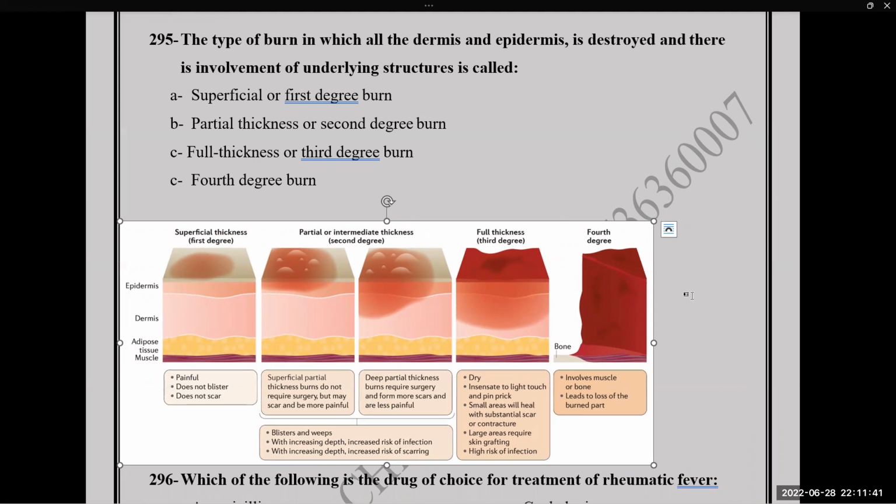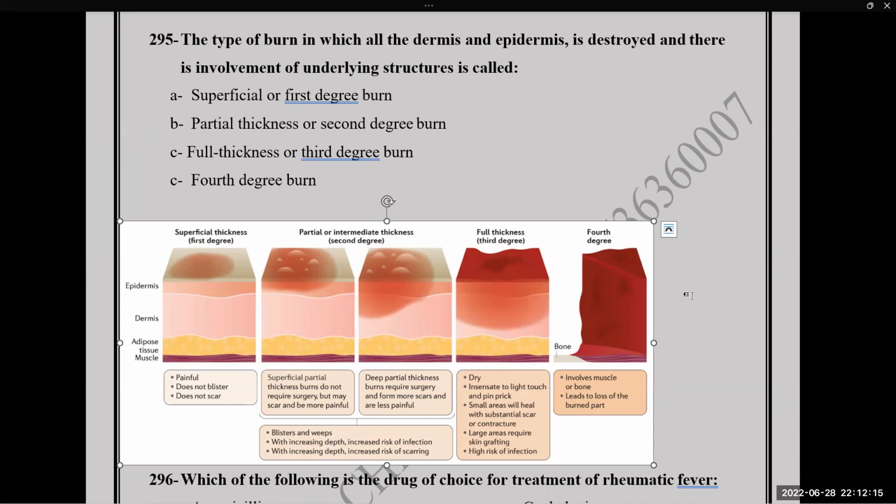Epidermis, dermis, and subcutaneous tissue. Based on the layers affected in burns, it can be divided into first degree, second degree, third degree, and fourth degree. First degree means only the epidermis is affected. Second degree, the dermis is affected. Third degree, subcutaneous tissues are affected. Fourth degree, bones are visible.